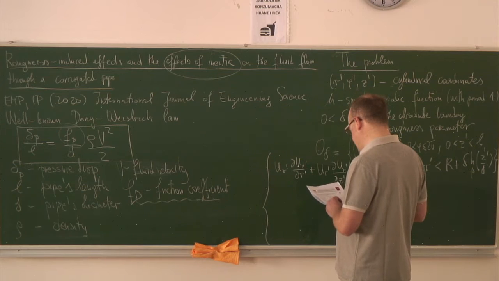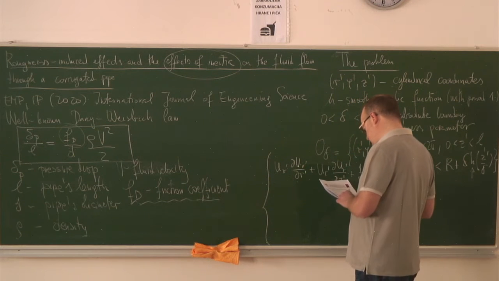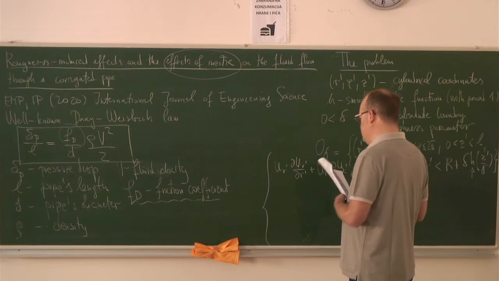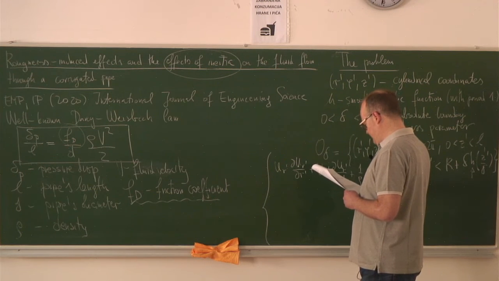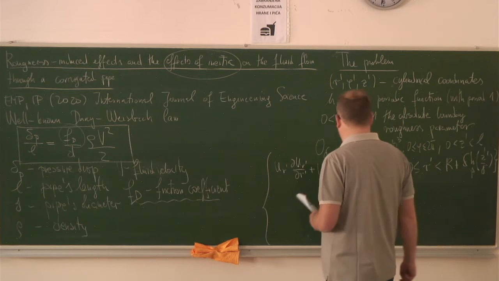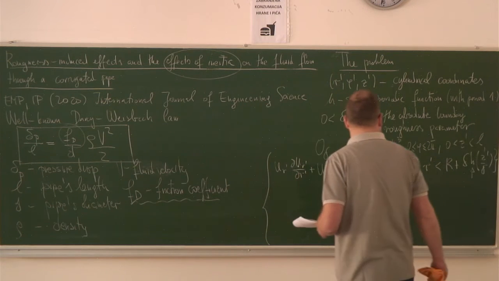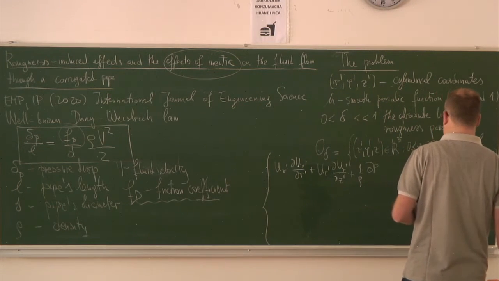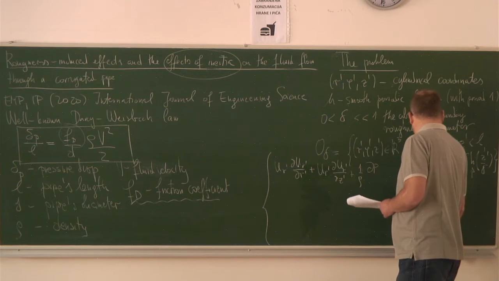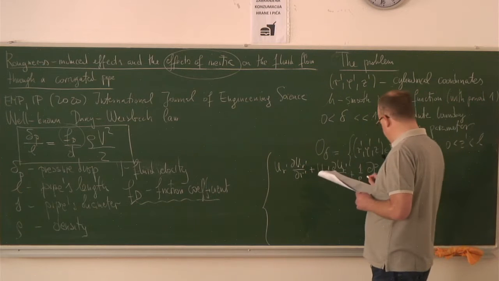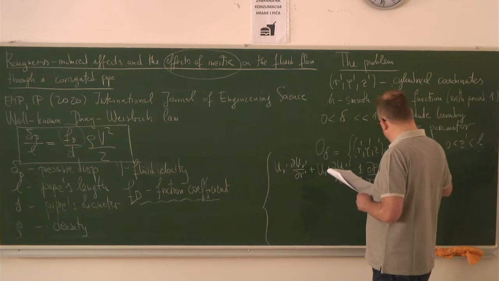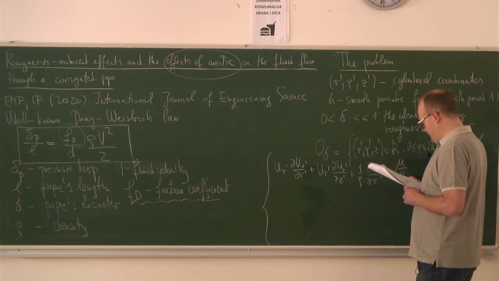This is not density, it's a rho. So 1 over density, the P. This is fluid's viscosity over density.